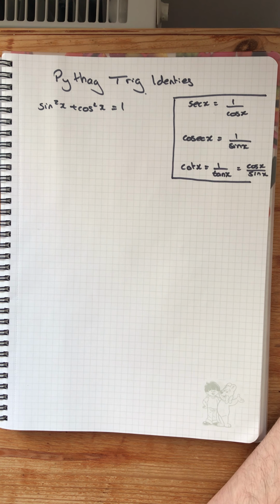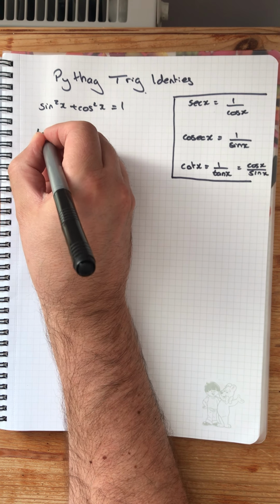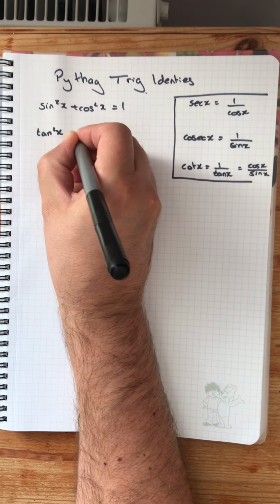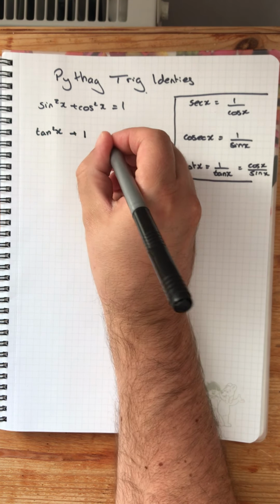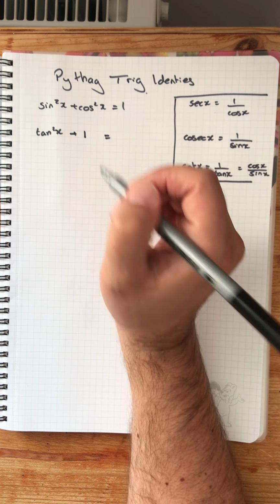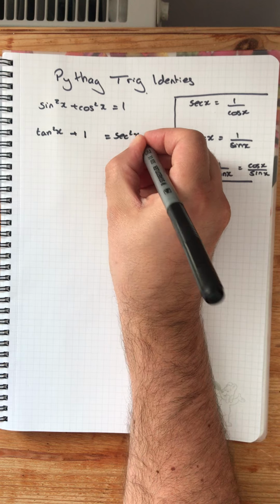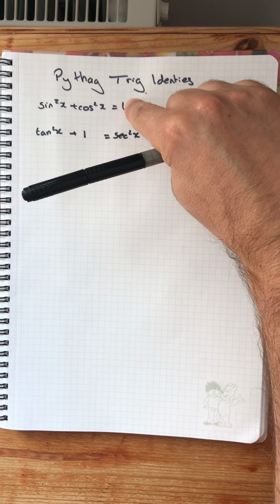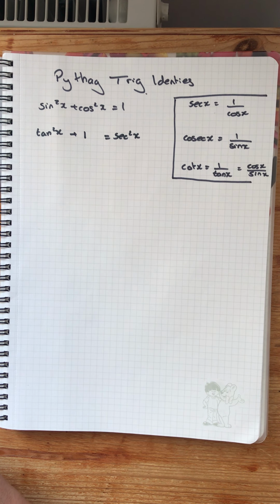So if I divide everything by cos squared x, sine squared x divided by cos squared x will be tan squared x. Cos squared x divided by cos squared x will be 1. And then 1 divided by cos squared x will be sec squared x. So by dividing all of those things by cos squared, I get a new Pythagorean trig identity.